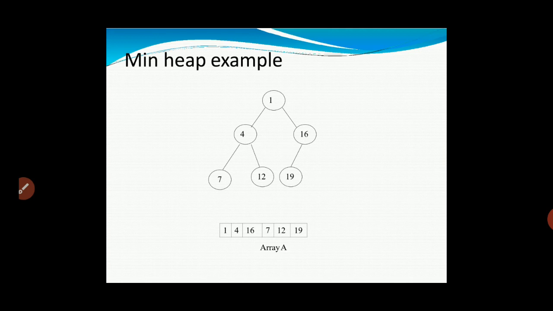The same condition holds here: 16 is a parent node, and its child 19 is greater than the parent. Sometimes we say greater than or equal to the child. For the array representation, we sequentially fill the array from level 0 to the next level: 1, 4, 16, 7, 12, 19. This is the array representation.